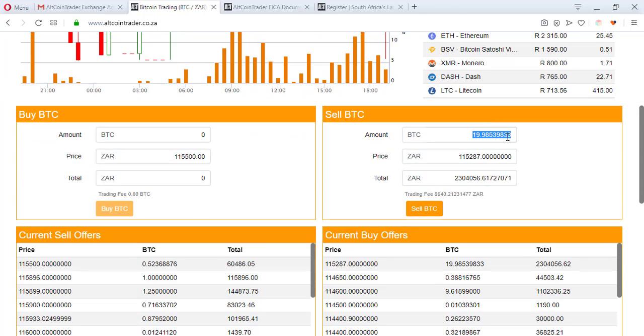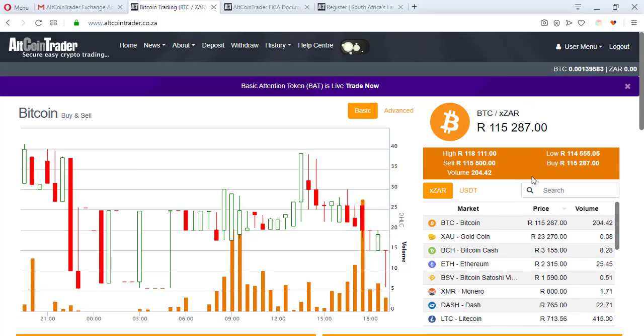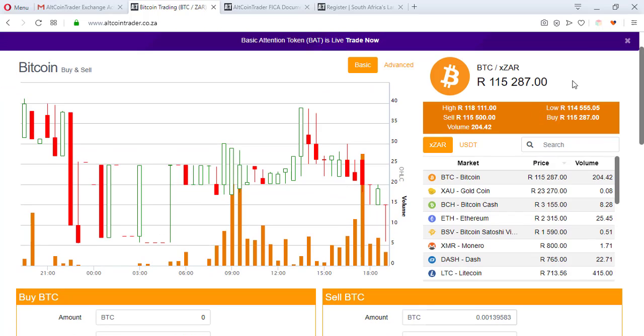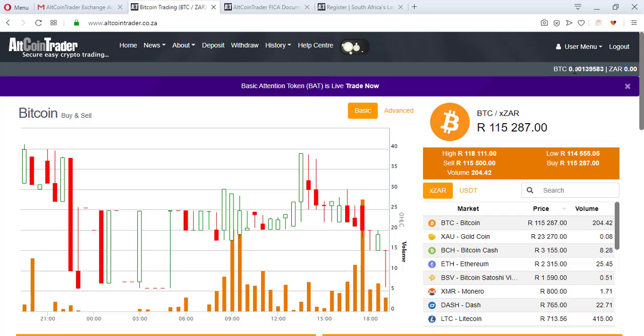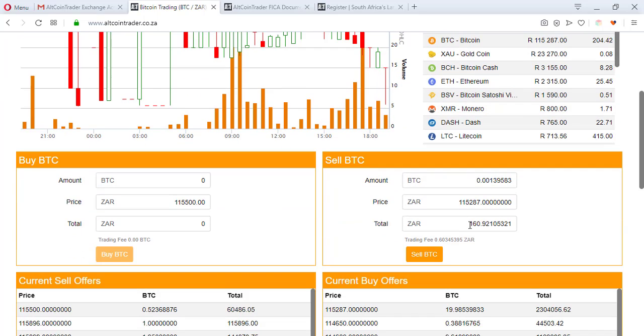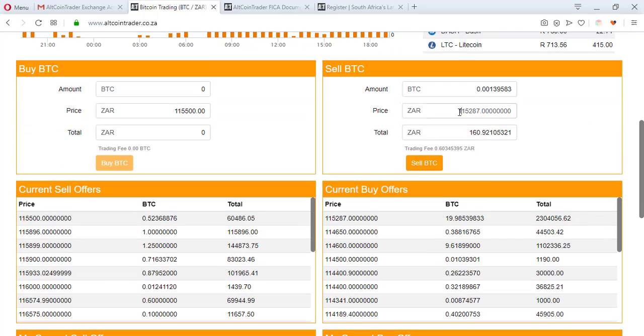So this is how traders make money. Okay, they make money by saying, all right, I have Bitcoin. Let's say I have got my Bitcoin here, and these Bitcoins are worth 160 rand at this price, right? Instead of putting this price, I'm gonna say, okay, I'm not gonna sell when it's 115. I'm only gonna sell when it's 160,000.